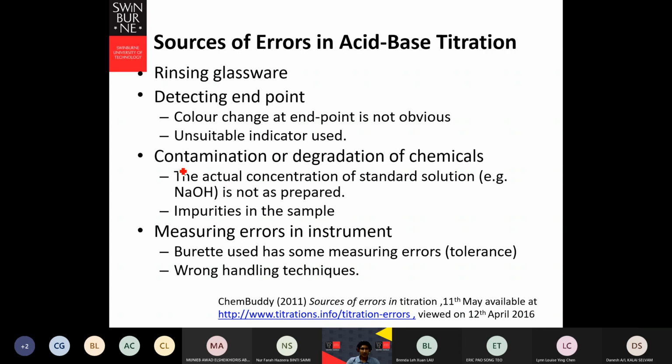Contamination or degradation of chemicals: if we did not take proper precautions in storing the chemicals, then the error occurs and it will be almost impossible to pinpoint where the error occurs.